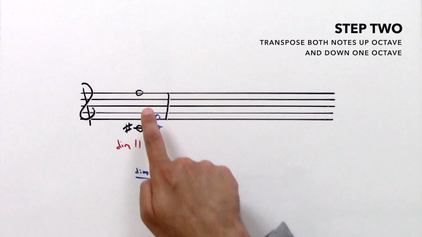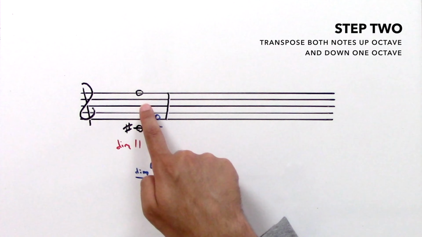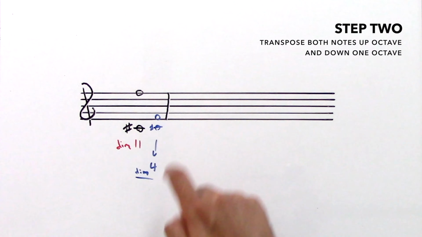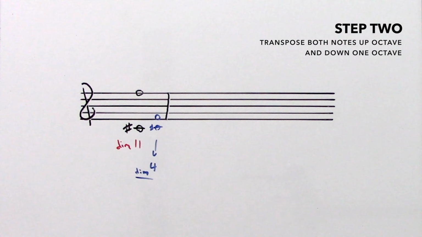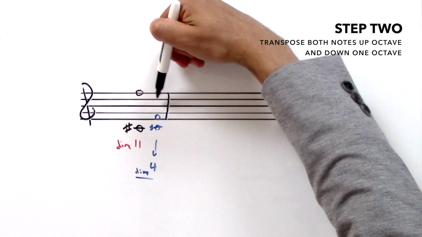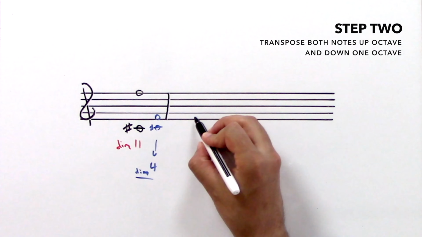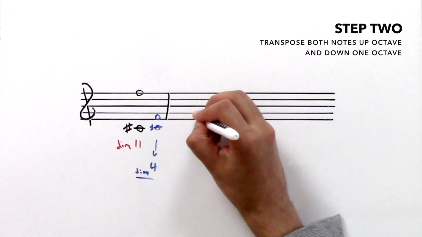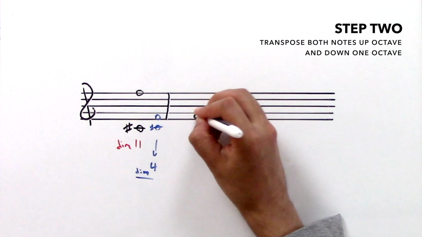Now what we are going to do is transpose the top note down an octave, and we're going to transpose the C sharp up an octave. So I'm going to bring this F down to here. My black marker is on its last legs.